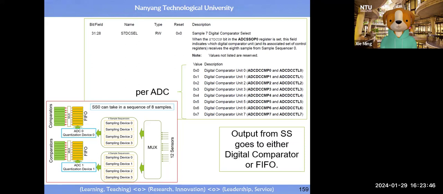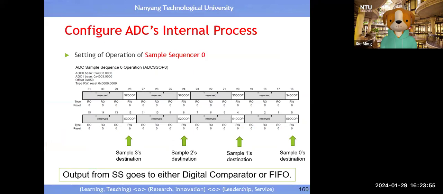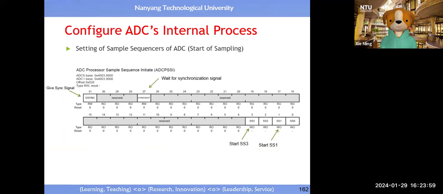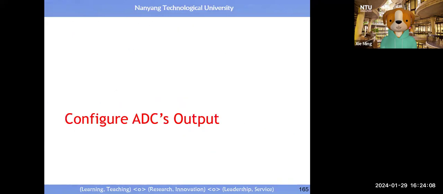You see the buffer, the yellow one, right? So you must decide whether to go to the comparator or go to the buffer. All these bits indicate that, right? So you need to tell it. Okay. And the rest, this is turn on, start to do the jumping, etc. You set the bit you want, then the hardware will start to operate.